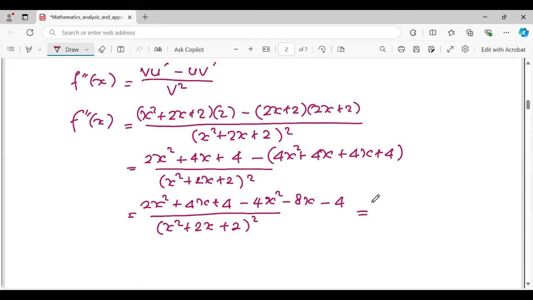It is minus 2x squared and minus 4x over (x squared + 2x + 2) squared. This is the second derivative.